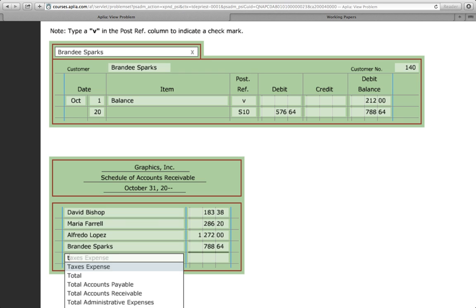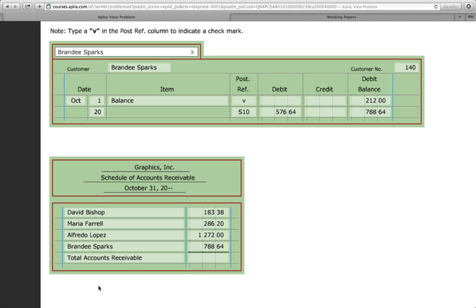Now I'm going to total my accounts receivable. Just adding this column up. And I come up with $2,530.22.